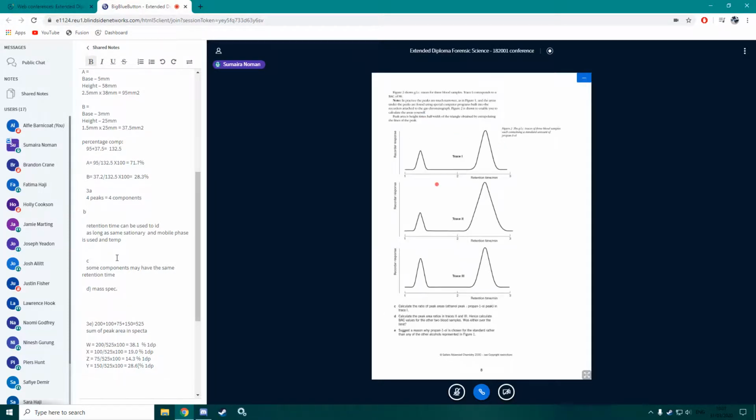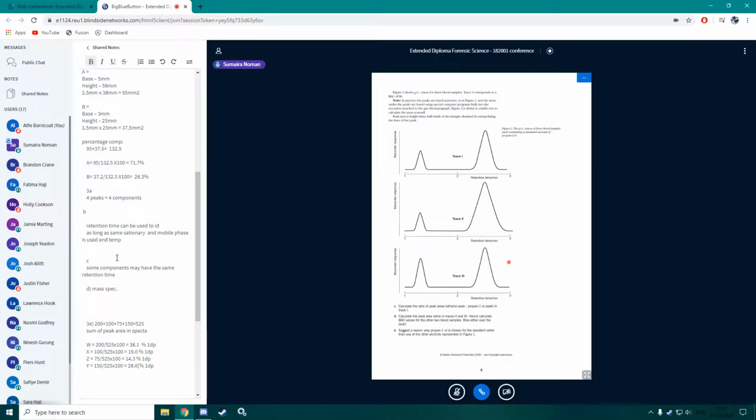Then figure 2 is the different traces. You'd use what we've done on the previous pages to calculate the area under the peak. Now, this is quite tricky, and I think it will take you some time.